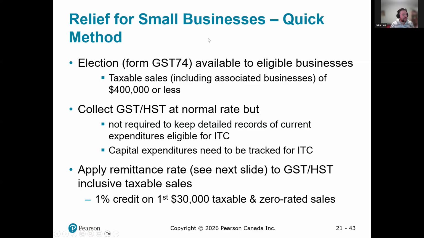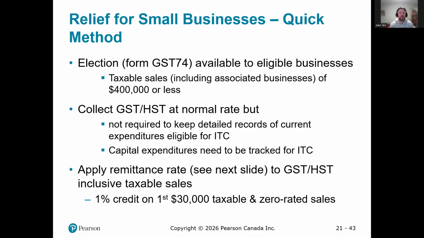The assumption for the quick method is ITCs for your recurring expenditures. So if you have a retail store, you're expected to have a gross margin of perhaps only 20%. So for you to have sales of $100,000, it's assumed that your purchases were $80,000, and the ITCs are based on that assumption.